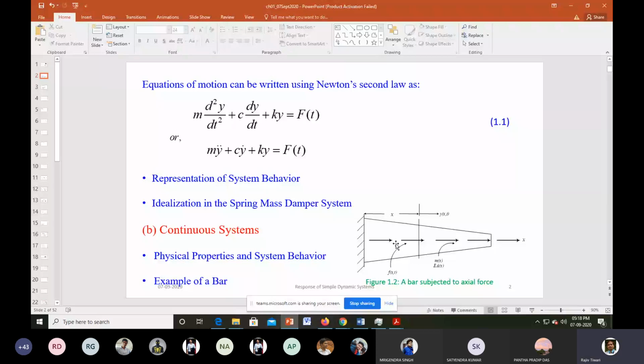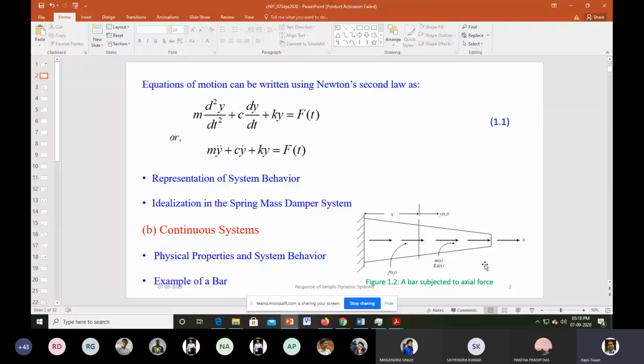This is the typical behavior of a continuous system, in which the mass depends upon x, the spatial coordinate. Here in the discrete system it was constant, but here the mass depends on the spatial coordinate x. Similarly, the stiffness also changes because the geometry is changing.